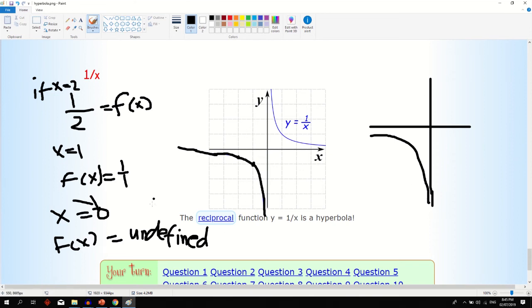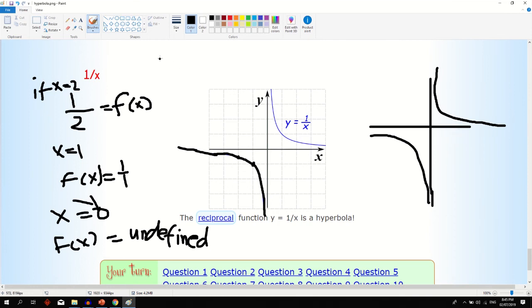And when we go back to here, we can see it is okay.